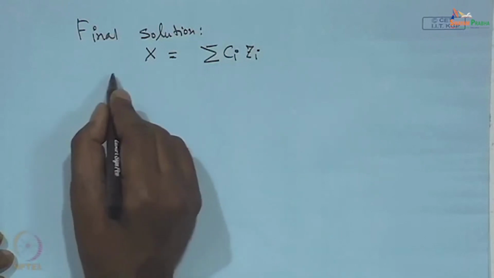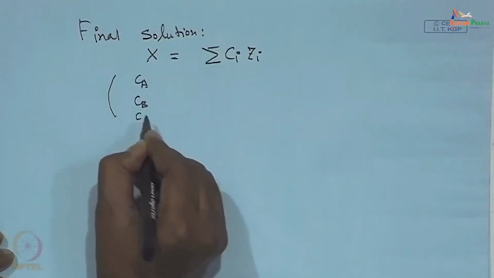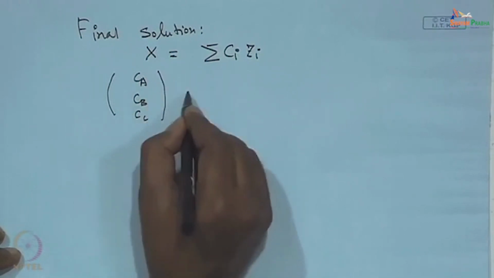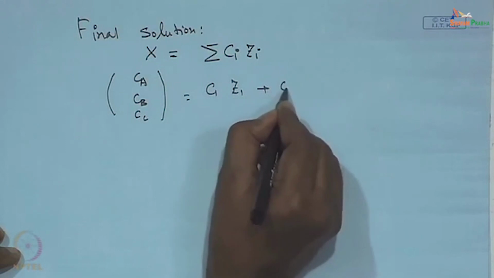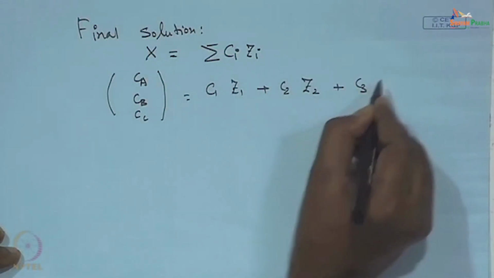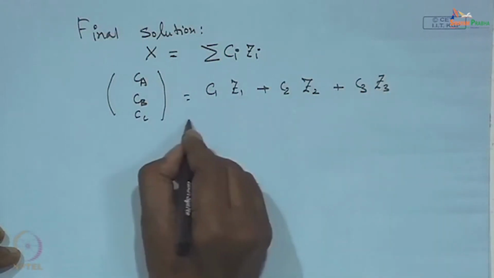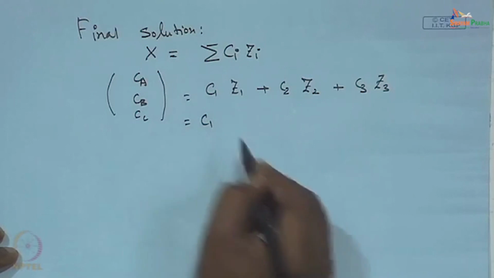So, you will be getting C A, C B, C C is equal to C 1 Z 1 plus C 2 Z 2 plus C 3 Z 3. So, you have the coefficient C 1 as a function of time, which you have just evaluated.